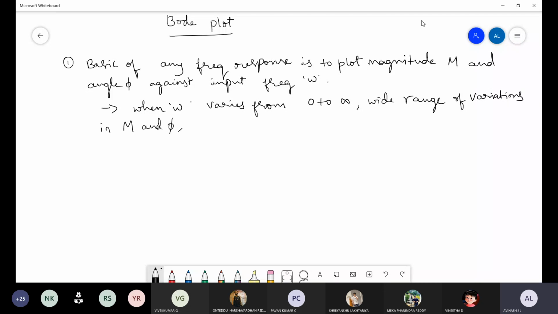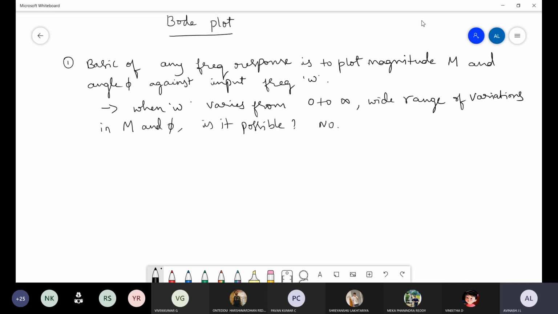So my question is: is it possible for us to plot all the values of M and phi on the graph sheet? No. Because when you are plotting a wide range of values, it is practically not possible.